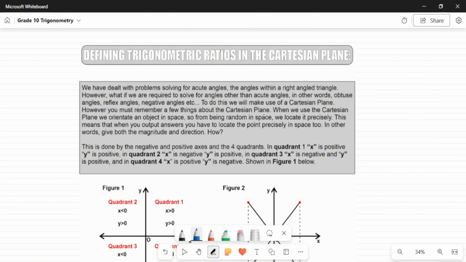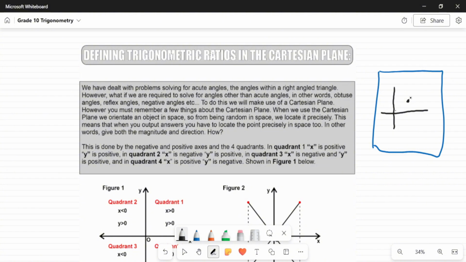Okay, as I've explained before, I could have a page here, right? And on this page, I can draw a point. Where that point is, how far it is from some other point, and where it is located, we don't know. But if I put a Cartesian plane on this page, then I can locate that point precisely because we have x and y coordinates.